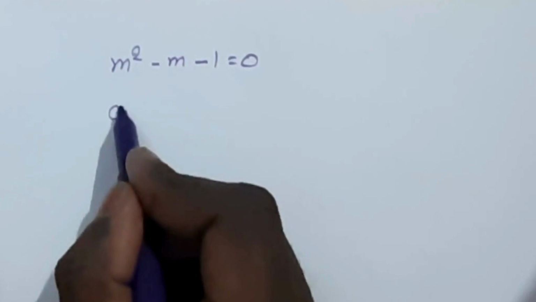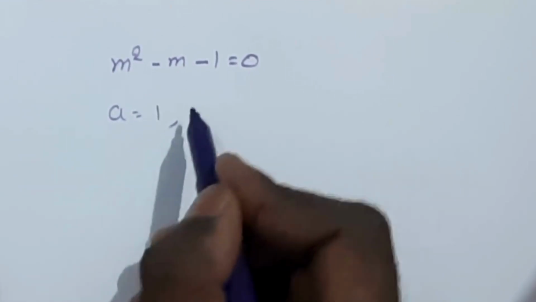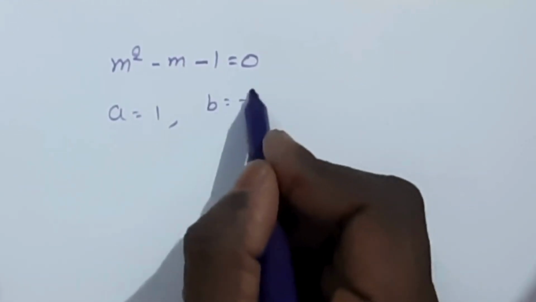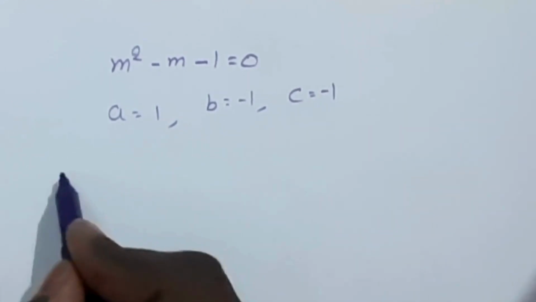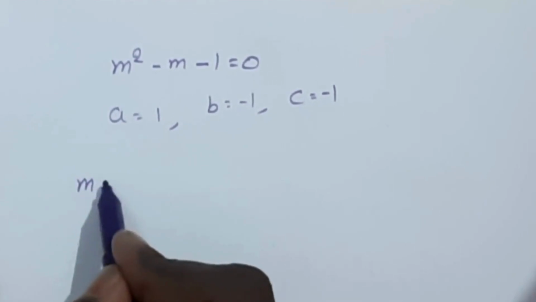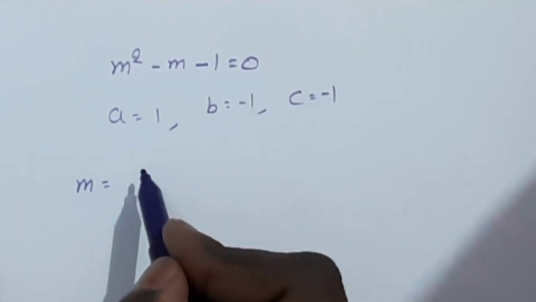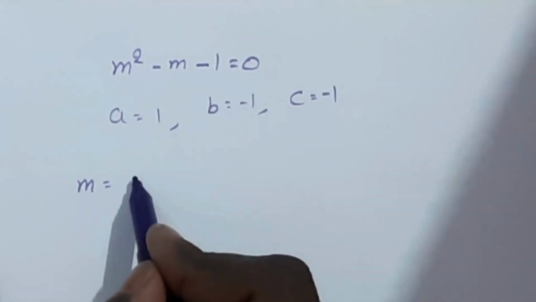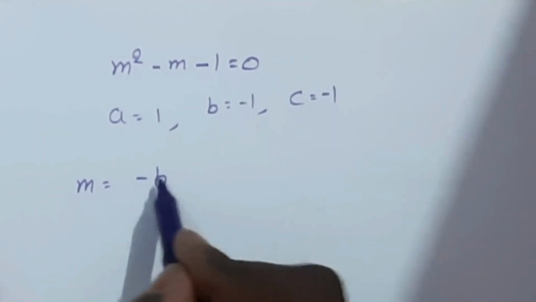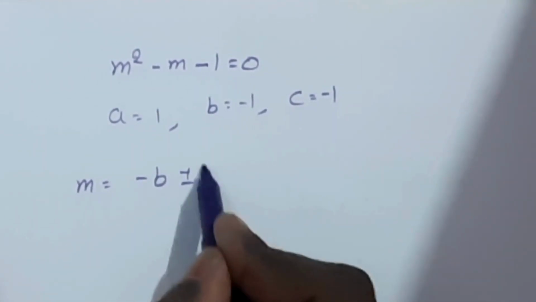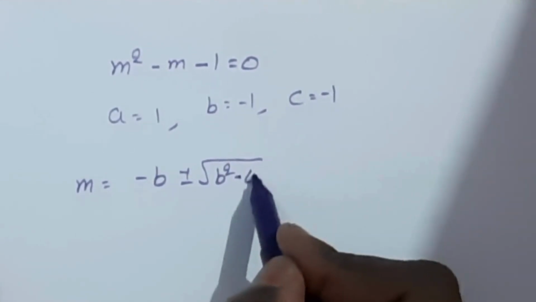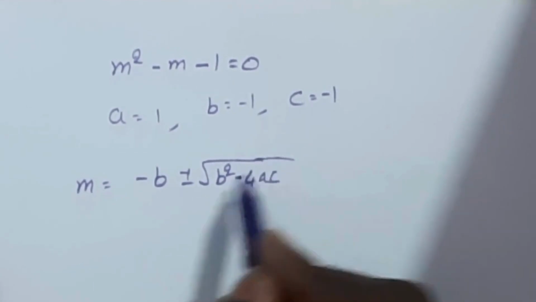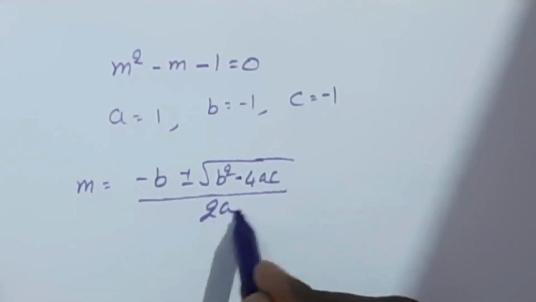Now a equal to 1, b equal to minus 1, c equal to minus 1. So we know the quadratic equation formula that m equal to minus b plus or minus square root of b square minus 4ac, by 2a.